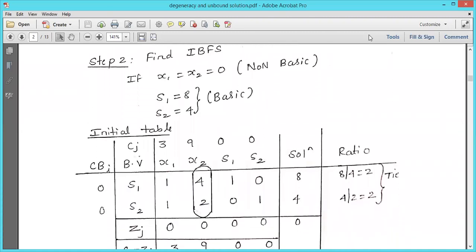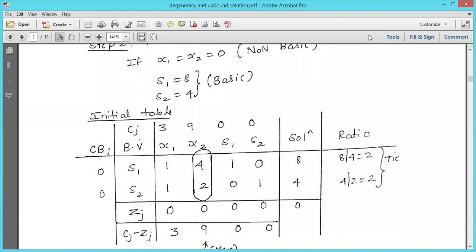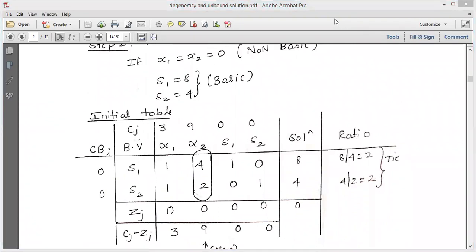In the objective function we have x1, x2, s1 and s2, and the coefficient values: for x1 the coefficient is 3, for x2 it is 9, for s1 it is 0, for s2 it is 0, and the basic variables are s1 and s2 with coefficients 0 and 0.